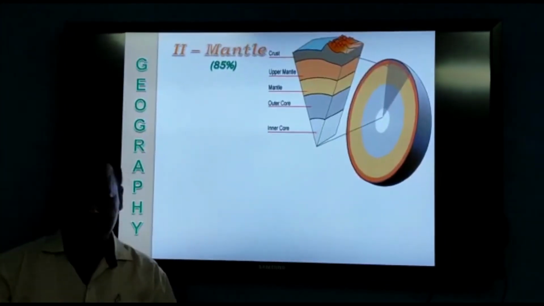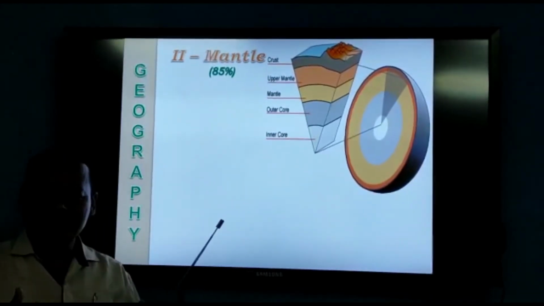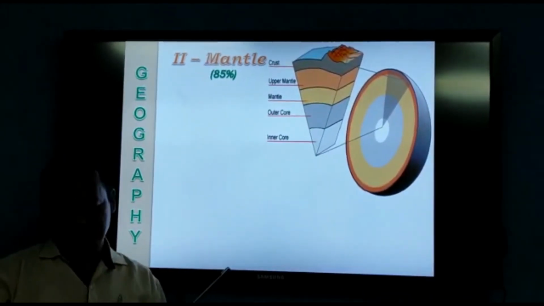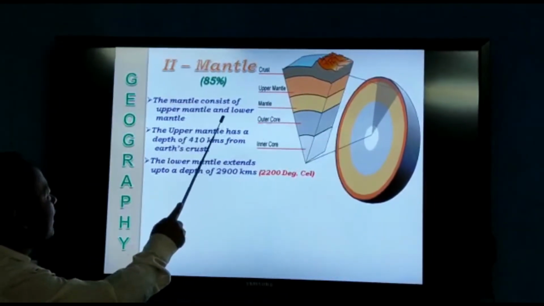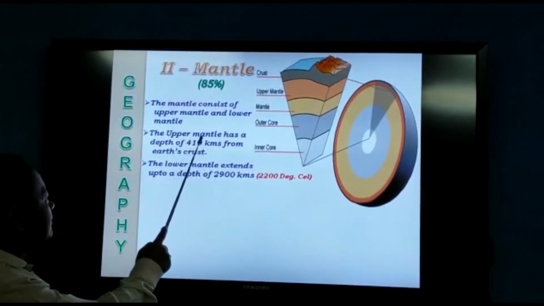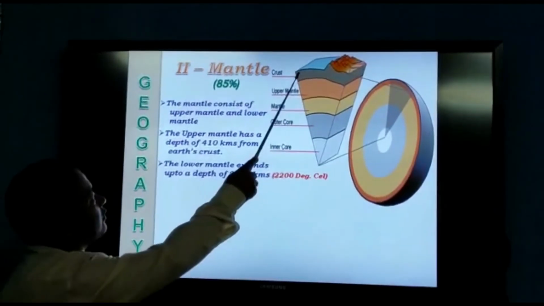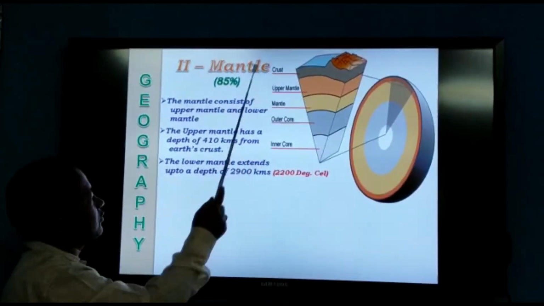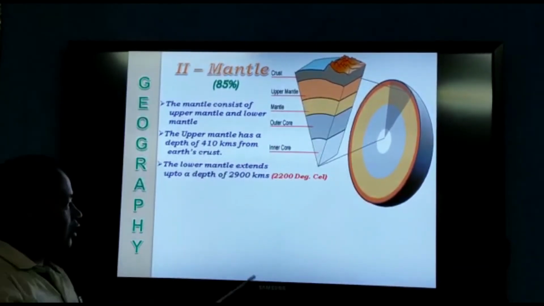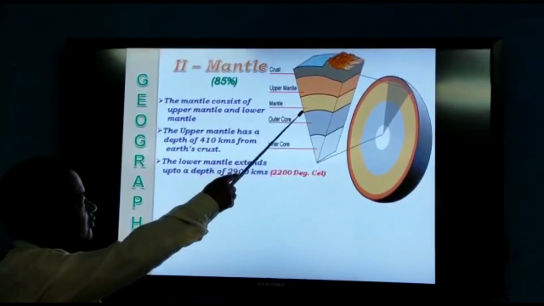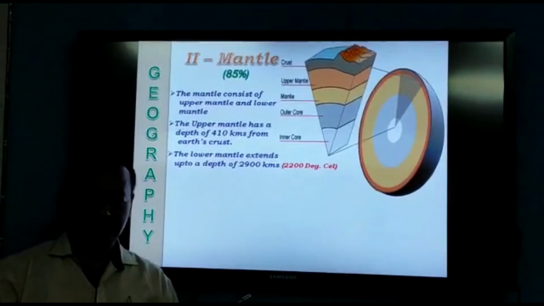The next layer of the earth is known as the mantle, and the mantle makes up over 85% of the earth's internal volume. The mantle consists of upper mantle and lower mantle. The upper mantle has a depth of 410 kilometers from the earth's crust, and the lower mantle extends to a depth of 2,900 kilometers.